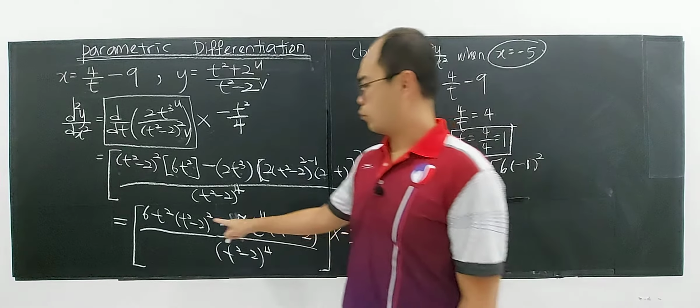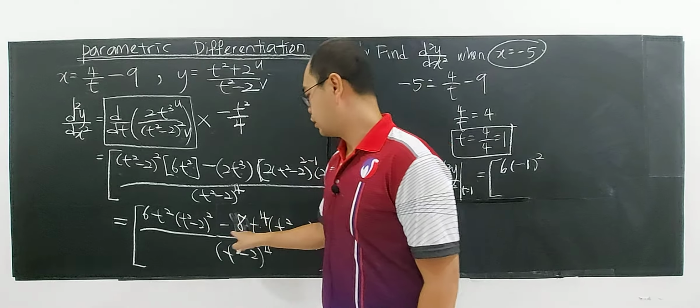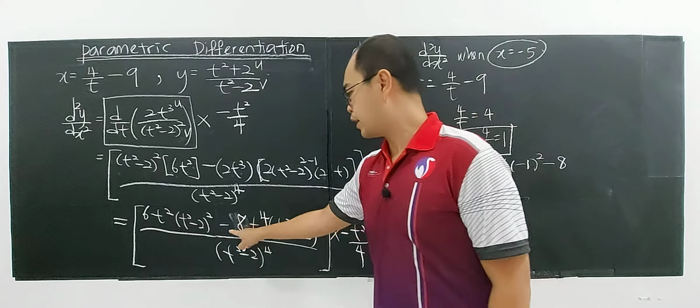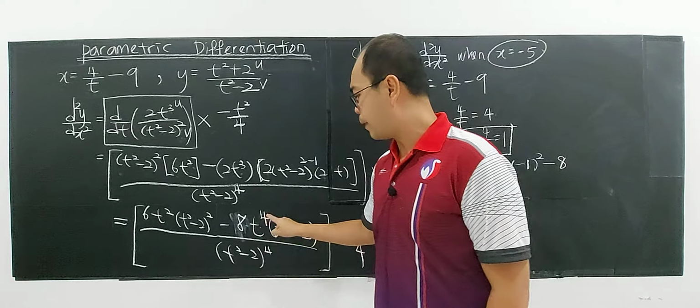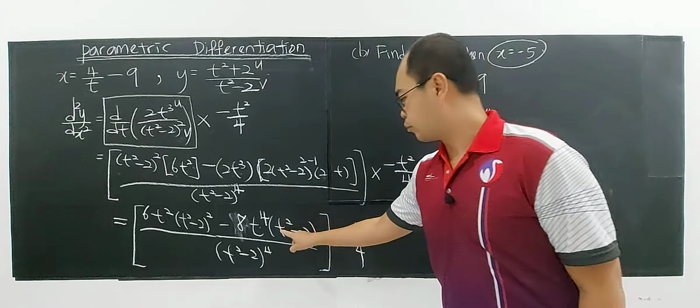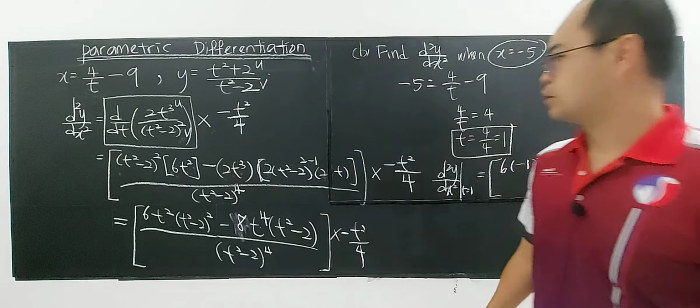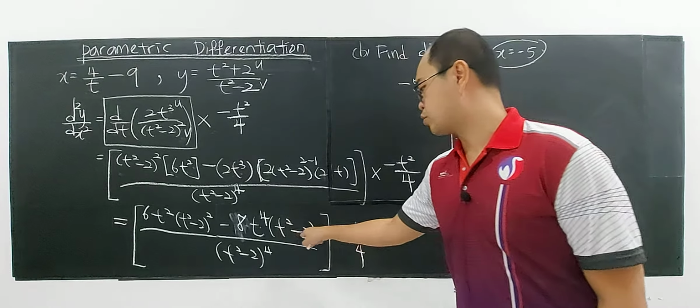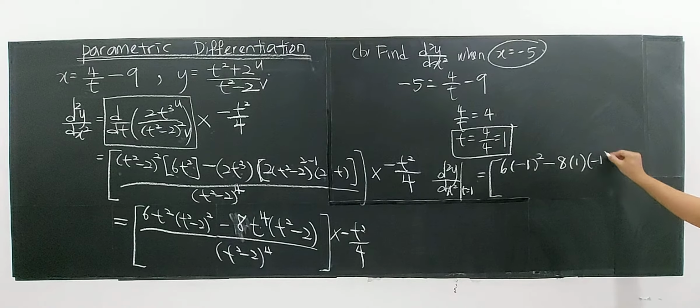Minus 8 times t to the power of 4, 1 to the power of 4 is 1, and t square minus 2 is negative 1.